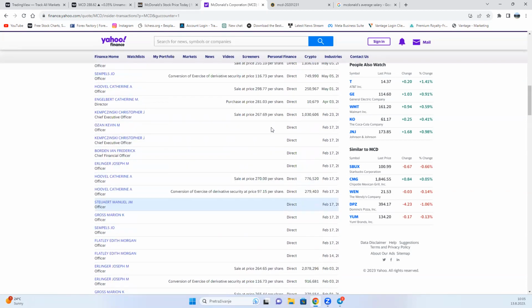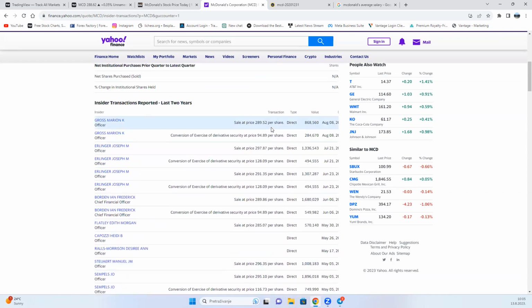I'm not that expert to tell you the specific intricate differences in detail because it doesn't affect my trading. But when you're a CEO or an officer in high employee management, you get some kind of stock compensation, and then you can sell these stocks on the stock market. So this type, direct, indirect, I'm not sure what it means exactly. Probably awarded.